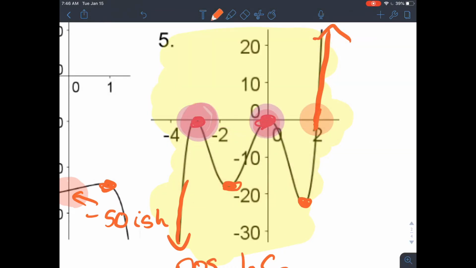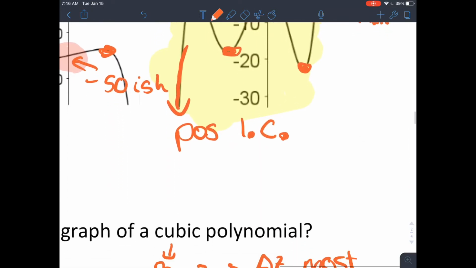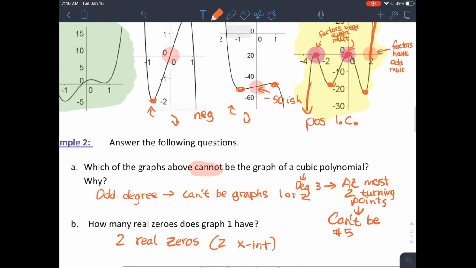Since this is a degree 5 polynomial, some of those factors have to have multiplicities other than 1. For the x-intercepts of negative 3 and 0, since your graph just touches the x-axis there, those factors have to have even multiplicities to get that shape. So they have to have multiplicities of like 2 or 4, versus the zero at 2, where it crosses all the way through the x-axis, which has to have an odd multiplicity.